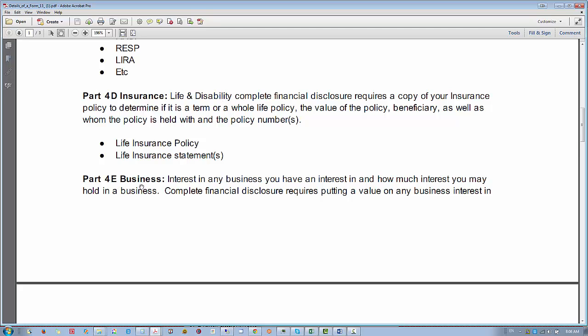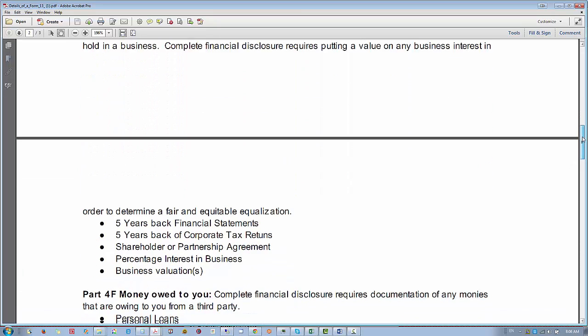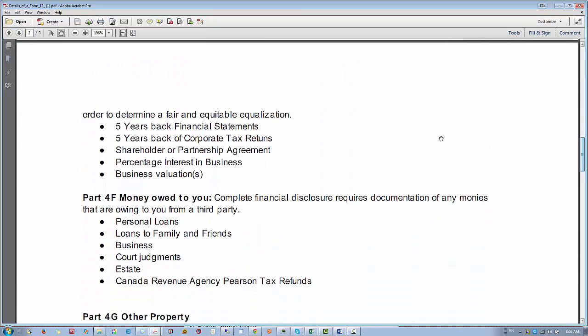Part 4E is those business assets, like a business. So to do businesses, we need 5 years of financial statements, 5 years of corporate taxes, a shareholder or partnership agreement, percentage interest in the business, and likely a business evaluation. And part 4F is money owed to you.